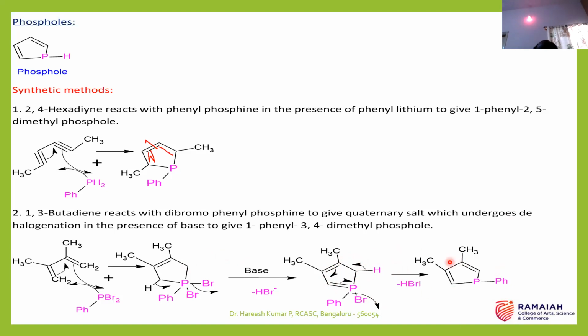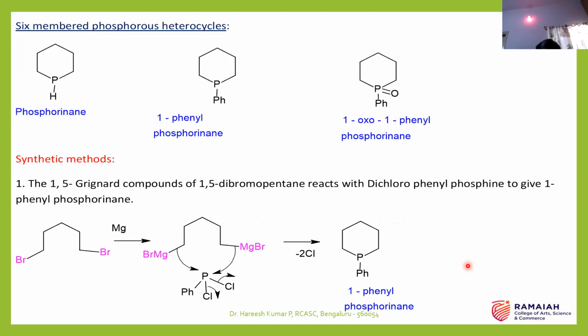So that is how 1-phenyl-3,4-dimethylphosphole is obtained. So this is about the two methods of preparation of phosphole, starting with butadiene and butadiyne. With this, I will go to the next slide.